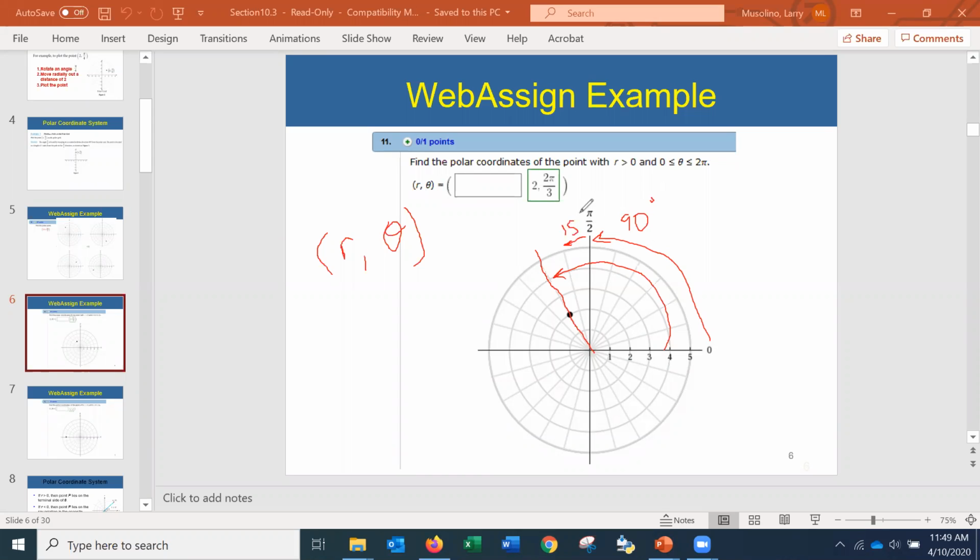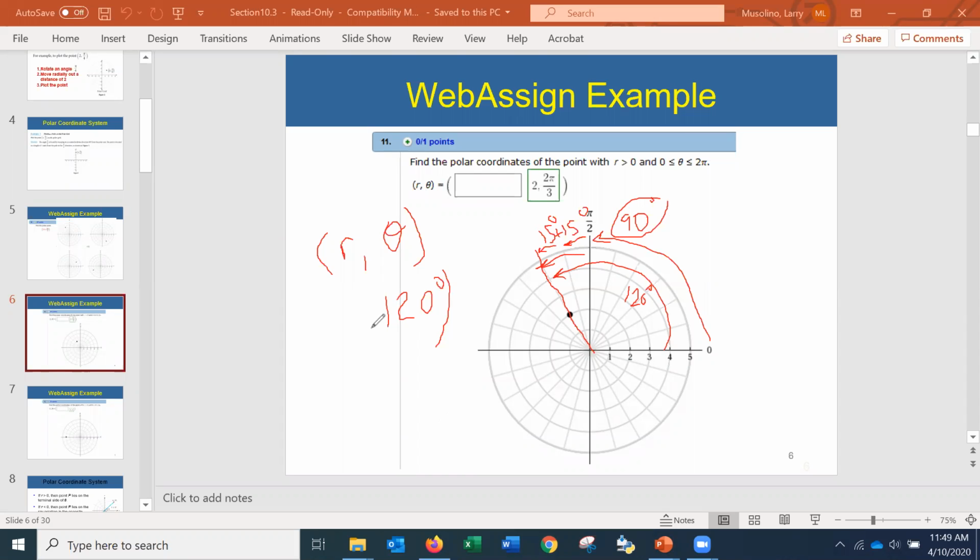So here's 15 degrees, and then here's another slice, 15 degrees. So this distance right here is 30 degrees plus 90 means this whole angle must be 120 degrees. So I know theta is 120 degrees.